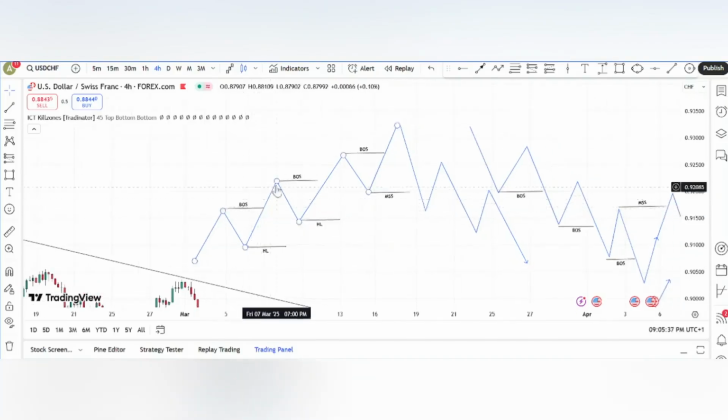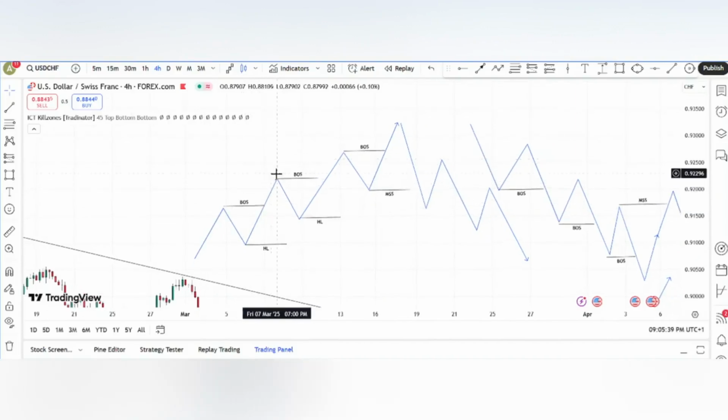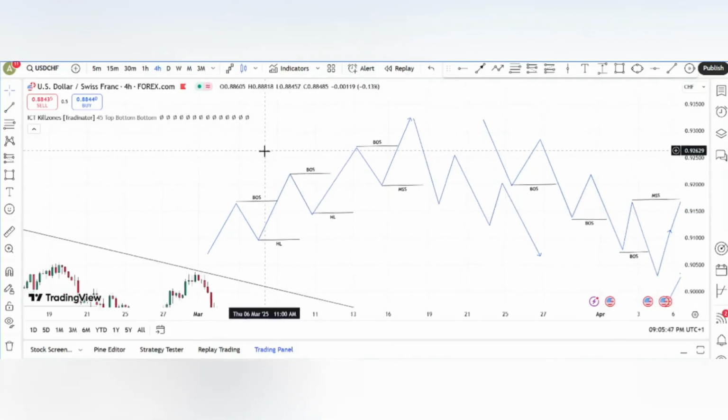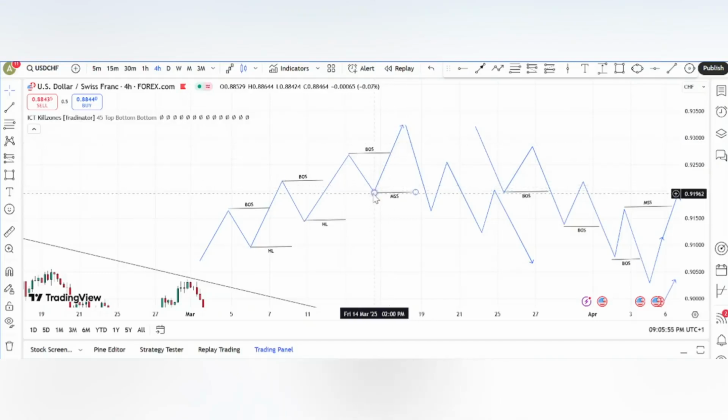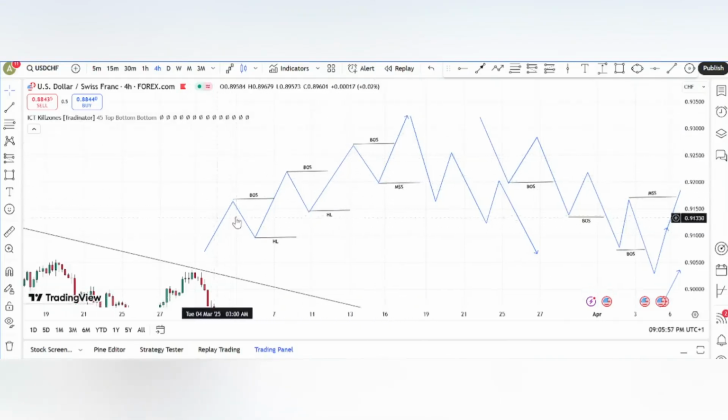After a break of structure, we normally expect a pullback. You can call it a pullback, a retracement, or a retest, depending on the trading concept you are using to analyze your market. This is a break of structure, and you can see this low. The characteristics of this uptrend are higher highs and higher lows.